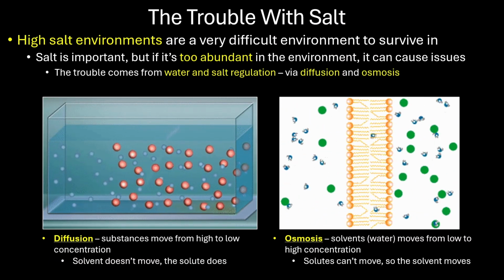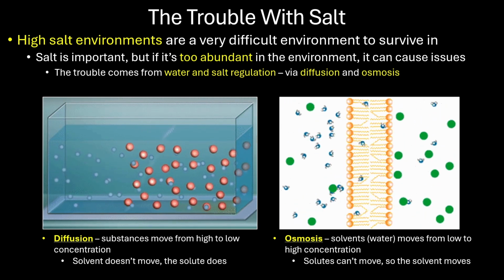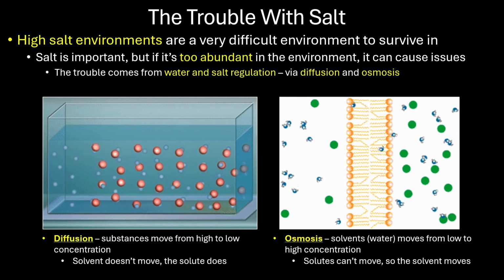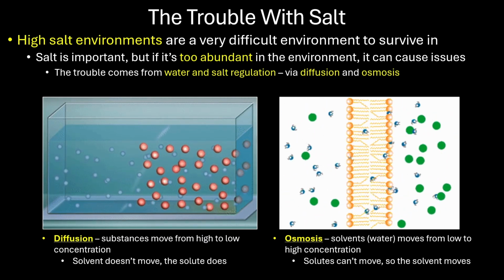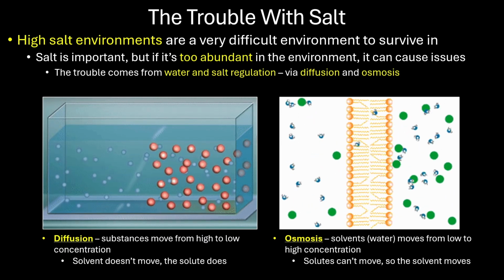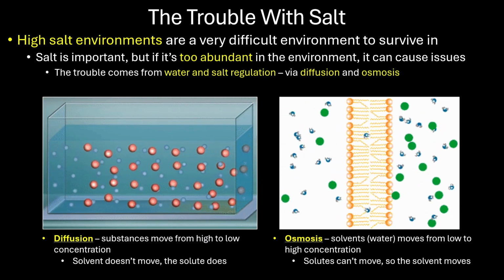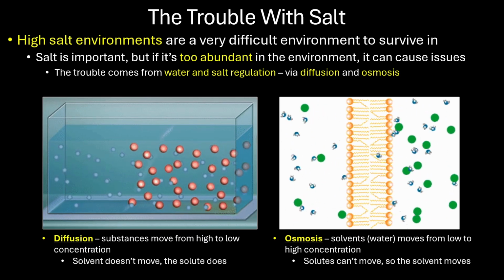Then we have salt. So high salt environments can cause another challenge for organisms that live in them. Salt's really important. It's a very important component in a lot of biochemical reactions, and it's broadly important.